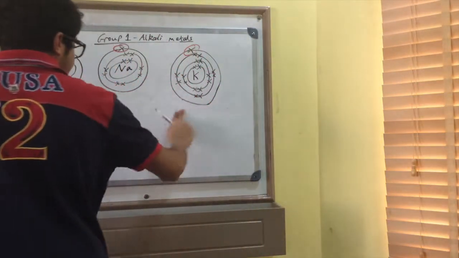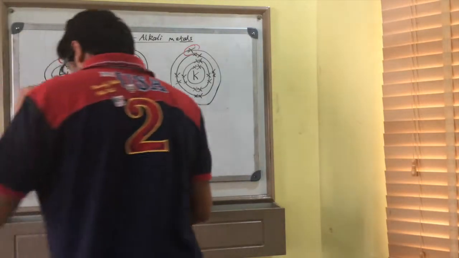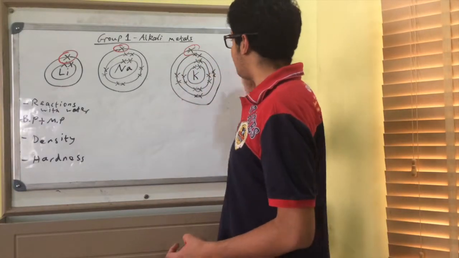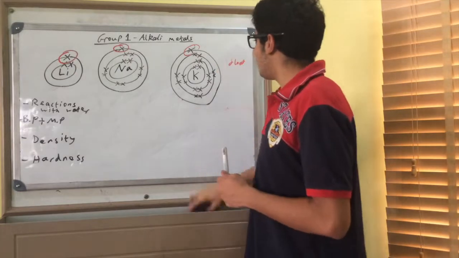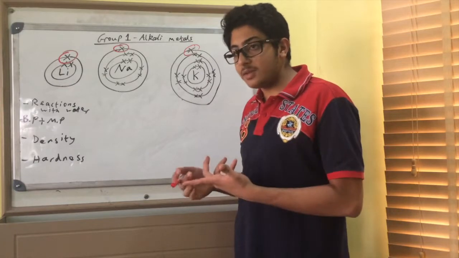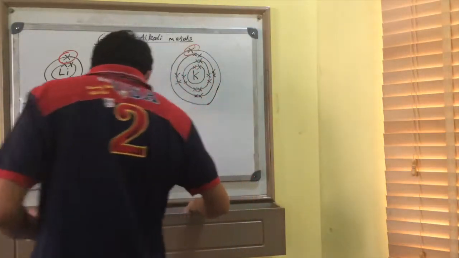Sodium and potassium, they melt when they react with water, but lithium does not. One more thing, they actually float on the water, because group 1 metals are very soft and relatively low density.